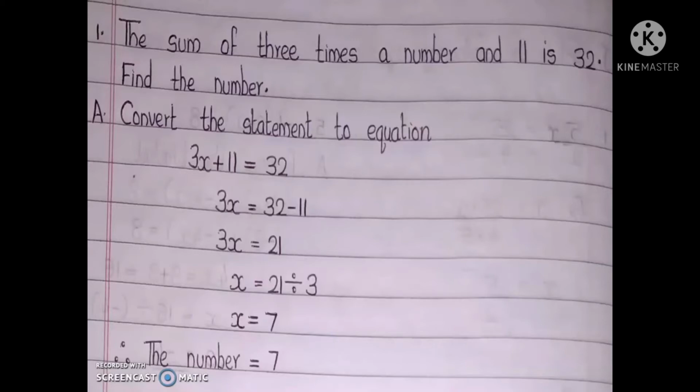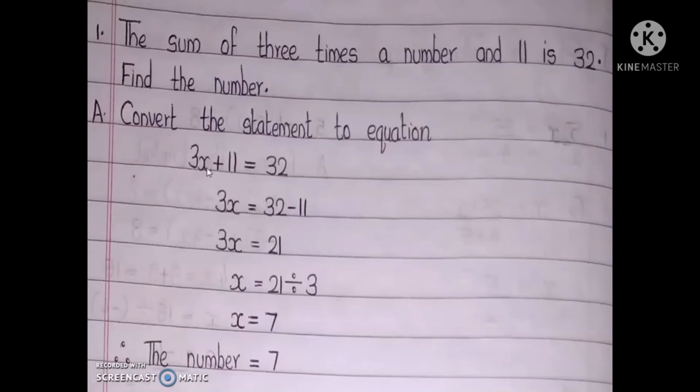Sum, S-U-M. Which operation? Addition. 3 times. Times means multiplication. So how will you convert this statement to equation? 3x plus 11 equal to 32.